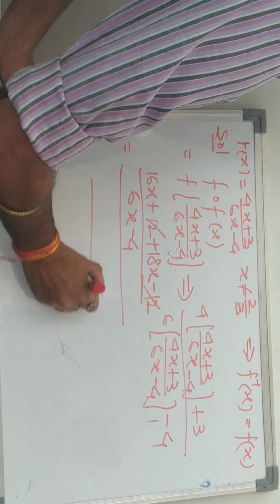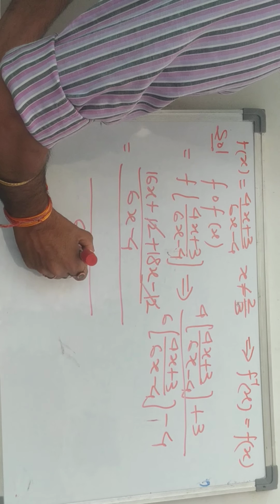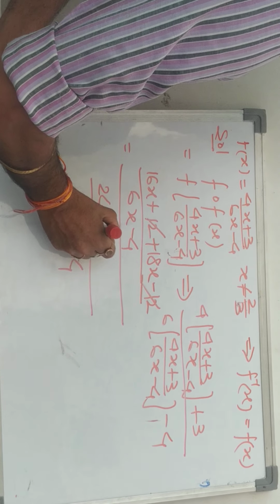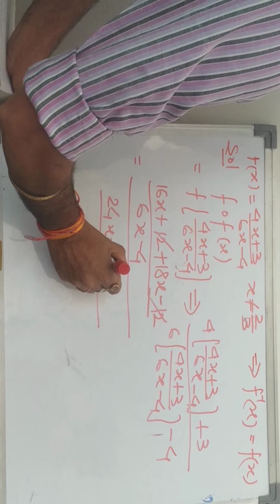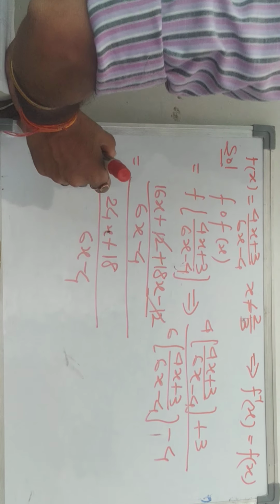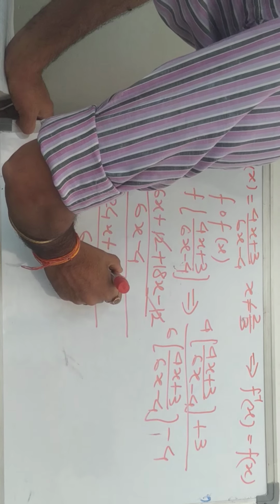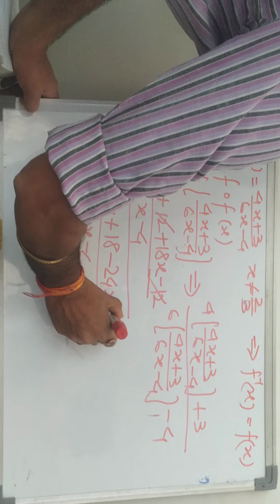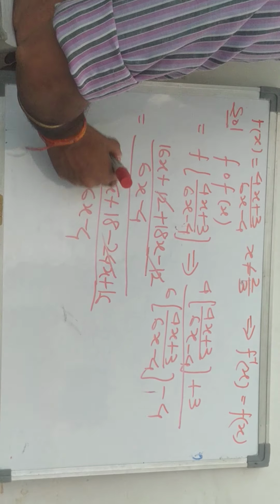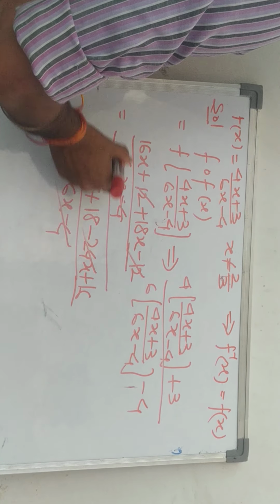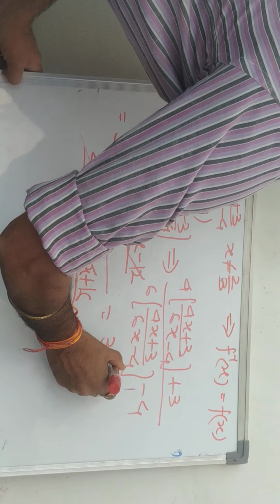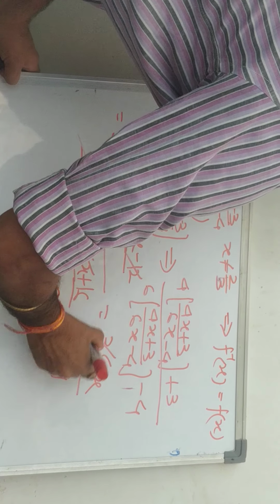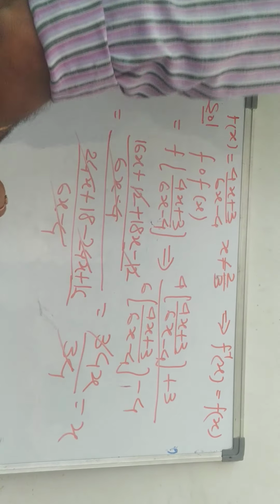In the denominator, again 6x minus 4 is taken as the LCM: 6 into 4x is 24x, 6 times 3 is 18, and minus 24x plus 16. 24x cancels. 6x minus 4 and 6x minus 4 cancel, 34x upon 34 cancels, and the answer is x.